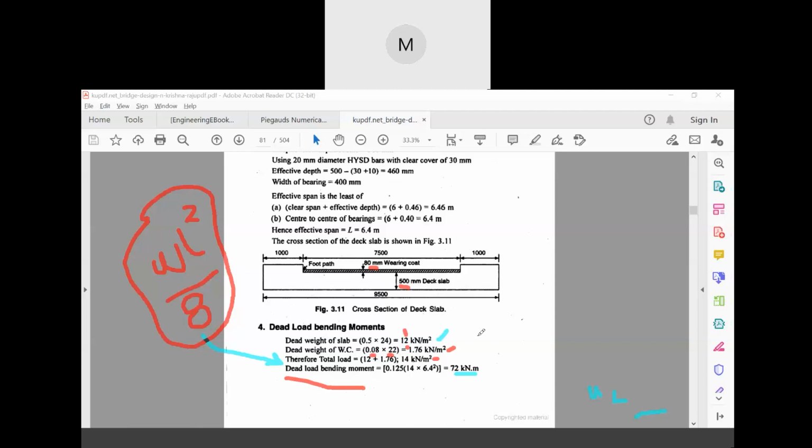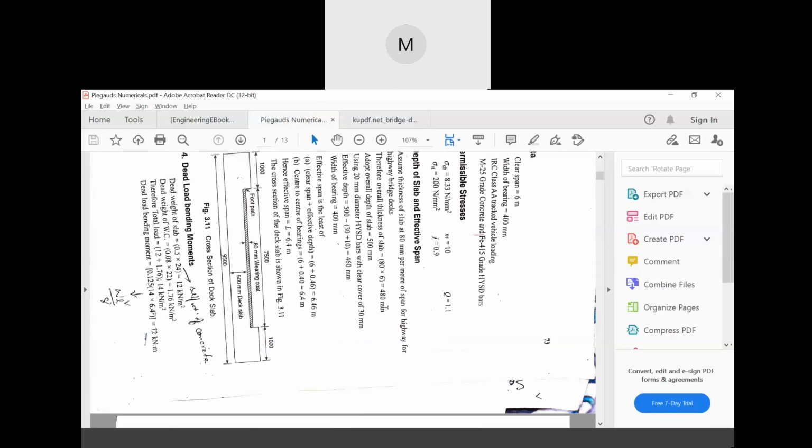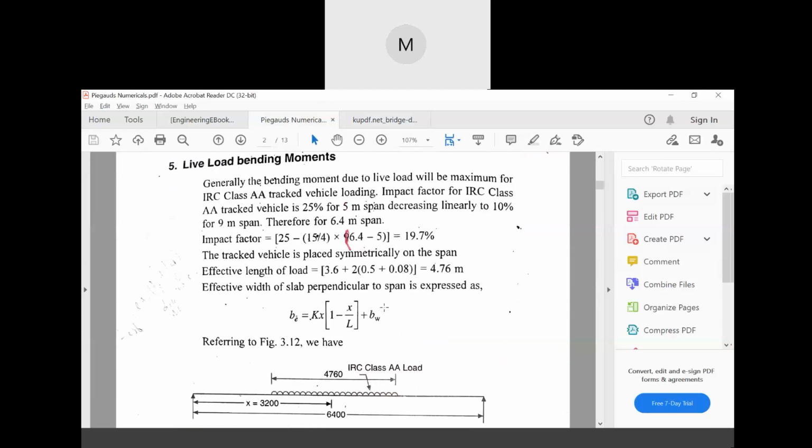Now we'll go to the next part. Once we are done with dead load bending moment, now we'll go to the live load bending moment.